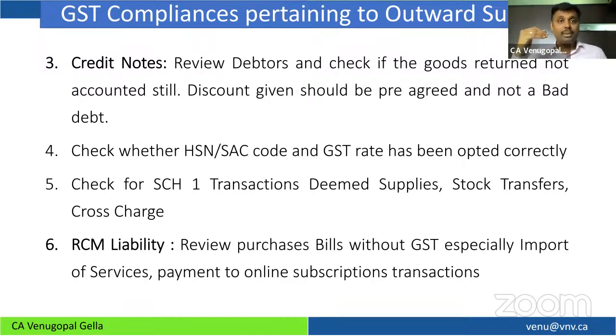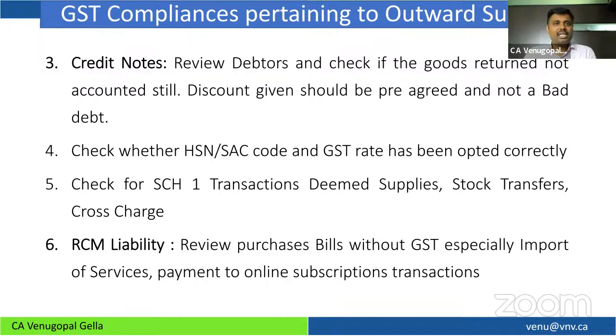While you have already reported in GSTR1 as 100 and tax thereon as 18 rupees, now you will have to make it 98 rupees and tax thereon would be, instead of 18, say 17 rupees 70 paise. So some 36 paise, you will have to reduce. So in those situations, you will have to raise a credit note. Most of the times, again, the accounts department would be unaware of this fact. You have to check that.